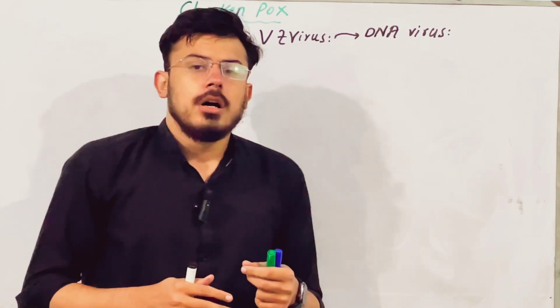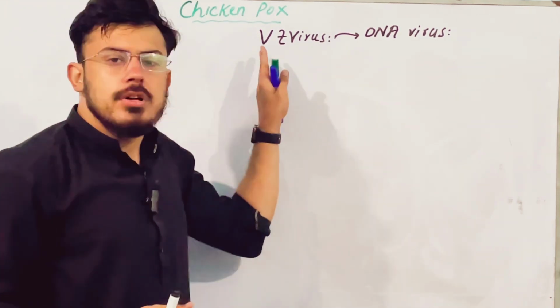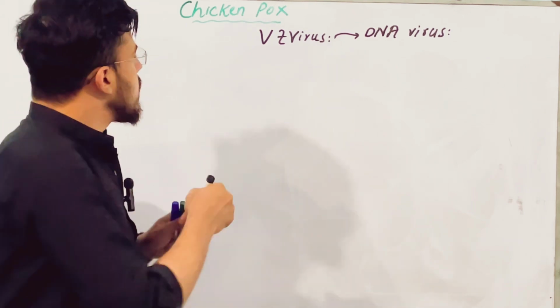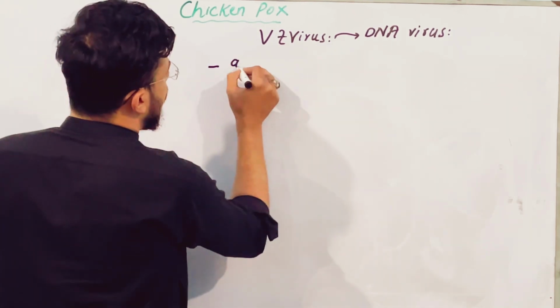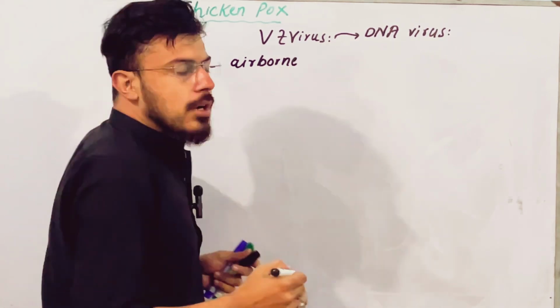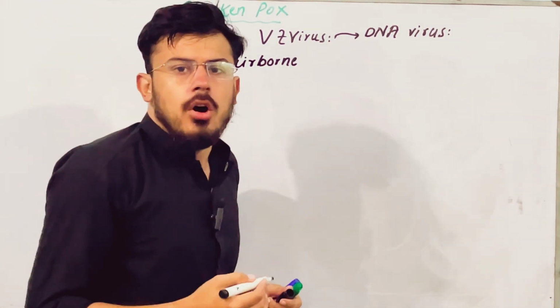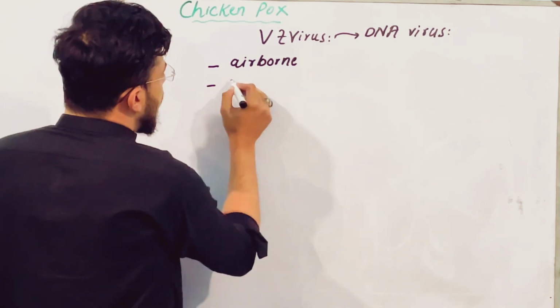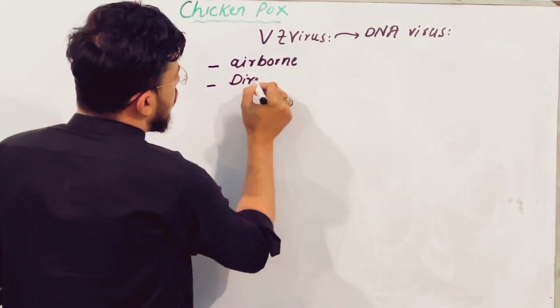So, what is the most common mode of transmission of chickenpox? Airborne transmission is the most common mode, while a less common mode is direct contact.